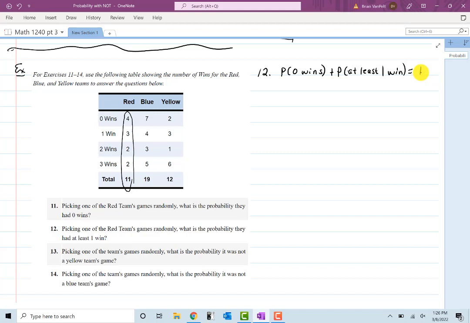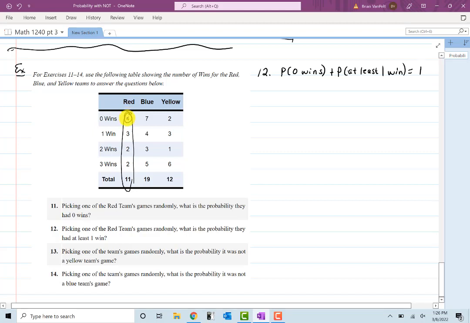Now the probability of 0 wins is 4 out of 11. And the probability of at least 1 win, I don't know yet. But I can subtract off 4/11ths to get the probability of at least 1 win equals 1 minus 4 over 11, which equals 7 over 11.